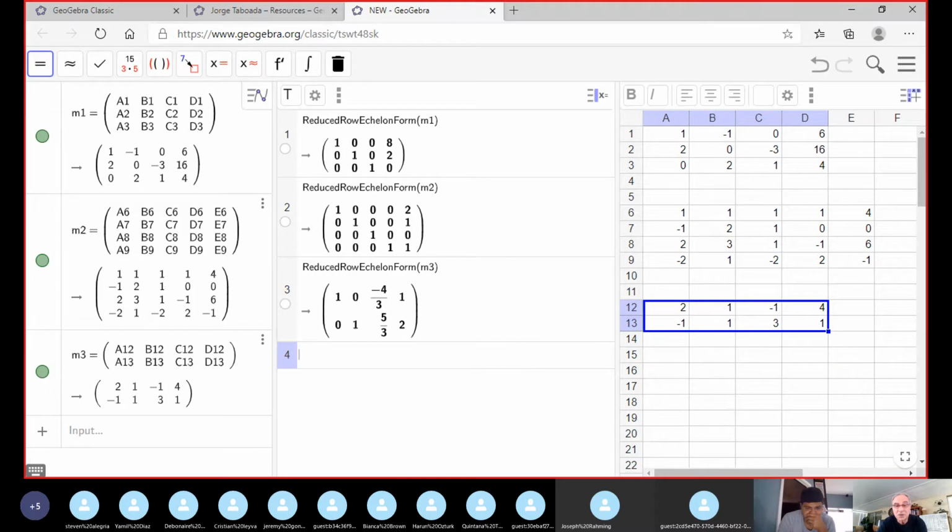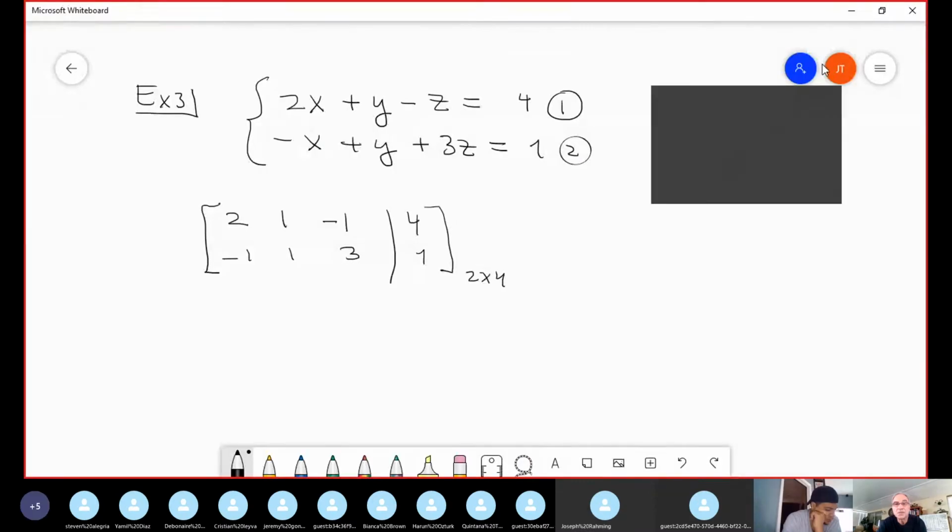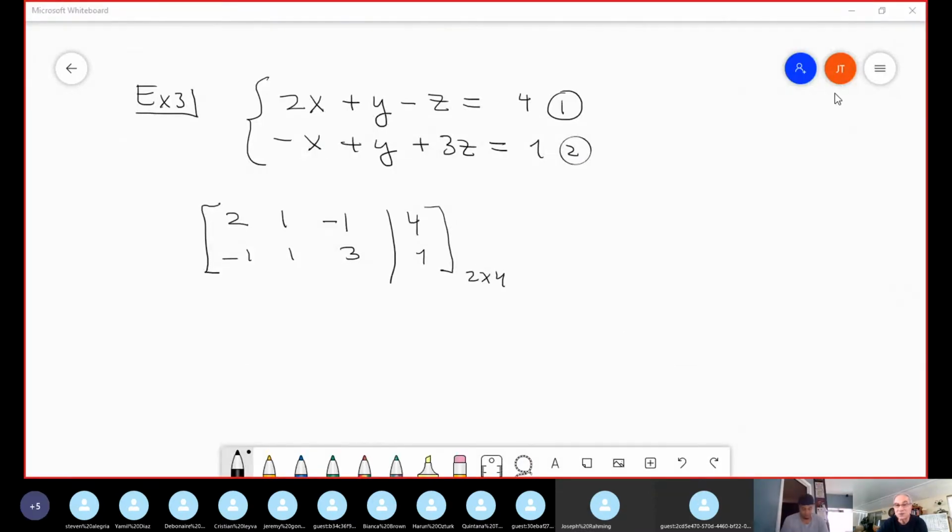Okay. I come back to the board, and you write exactly the same you see in GeoGebra. I put the arrow RREF.